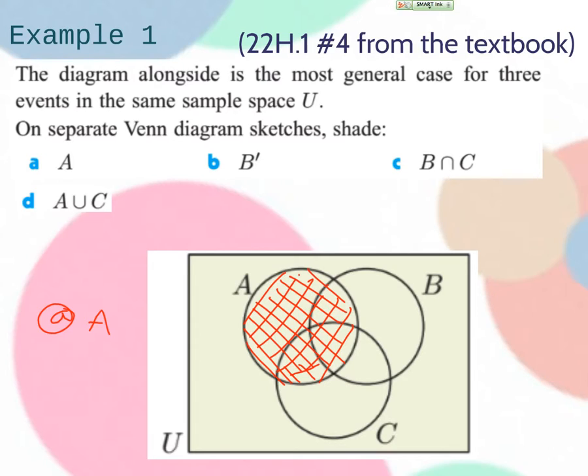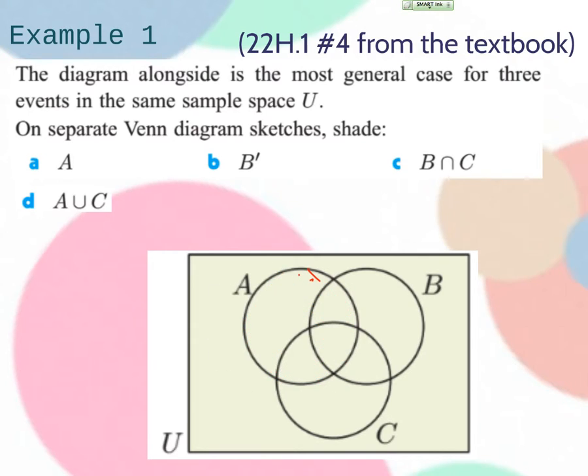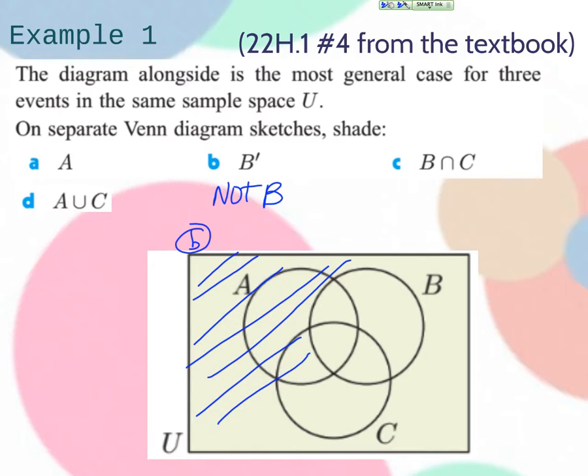So then for part B, that is, part B is the complement of B. Remember, that means not B. So I have to shade in everything that is not in the circle of B. So I've got to shade in all of this, all this.